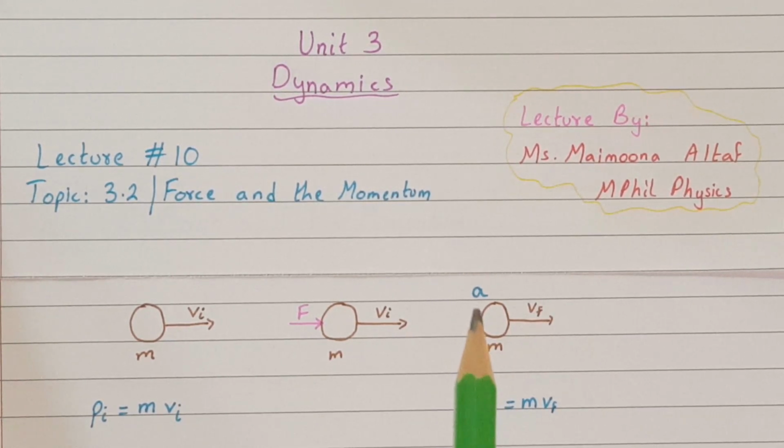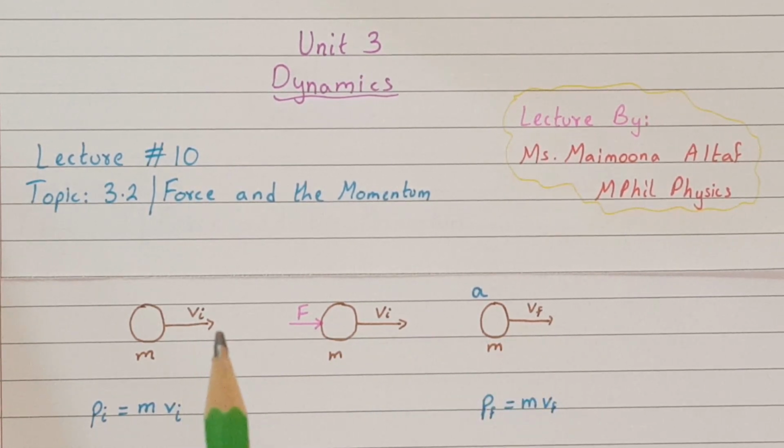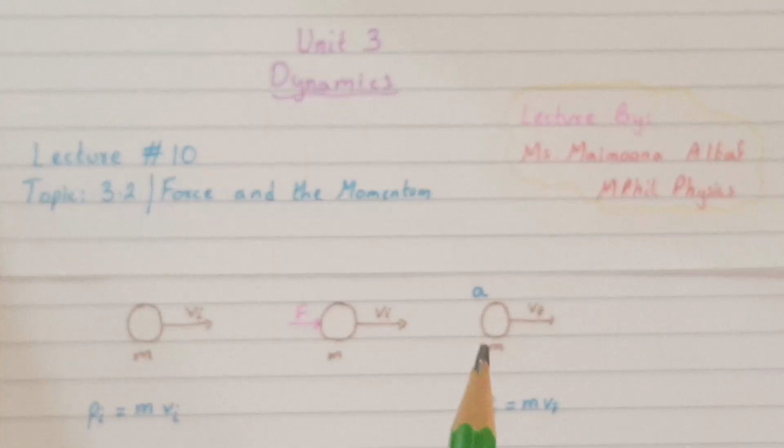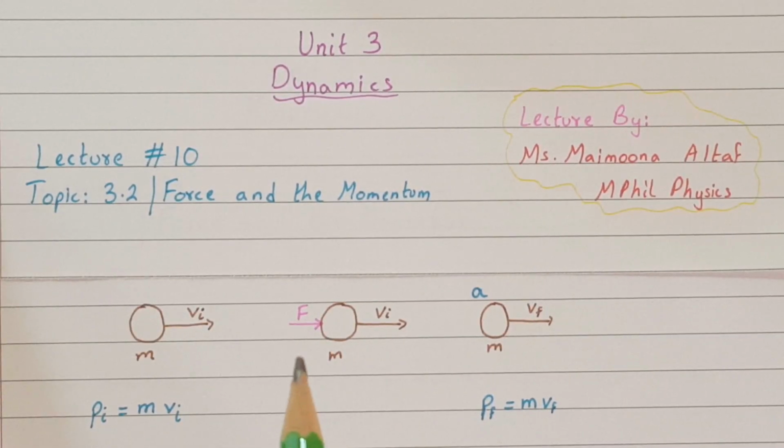This acceleration will change the velocity of the body from the initial velocity to the final velocity, which is Vf. So as a result, when the force is applied, it changes its velocity.